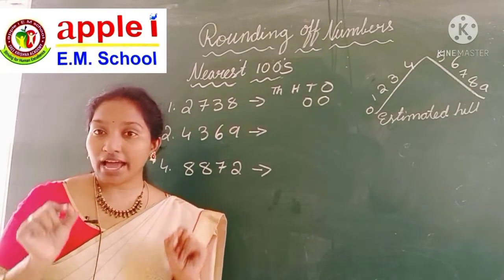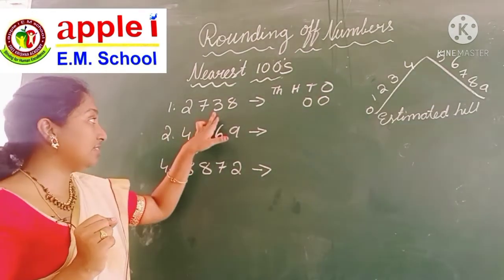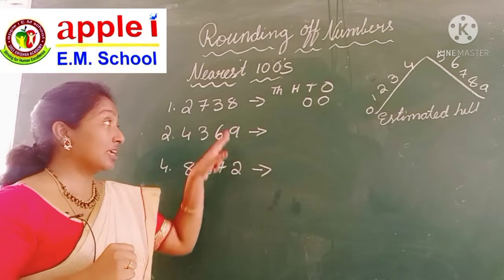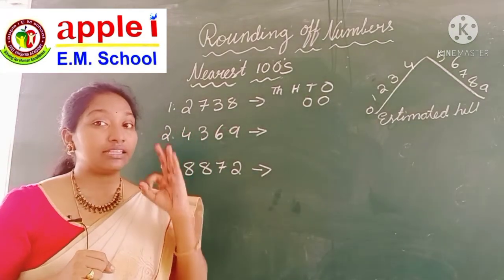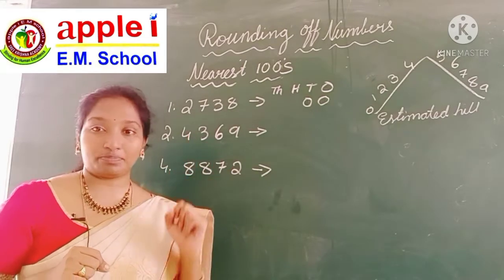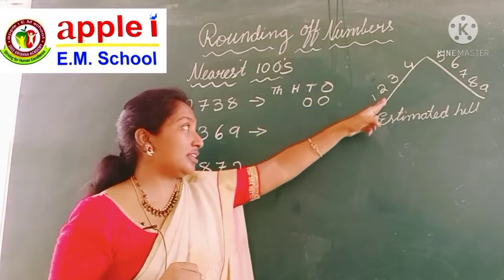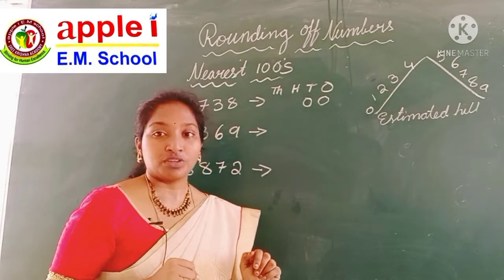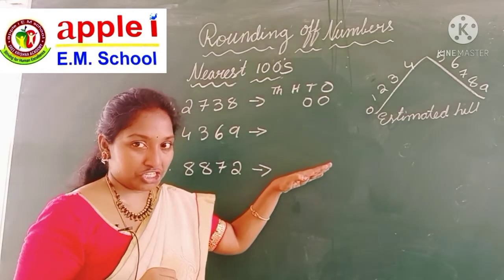Which place we have to check? Tens place. So what is here in tens place? Here we are having 3. Let us see the estimated hill. Where is 3? 3 is here. So the ball will come back to the same position.